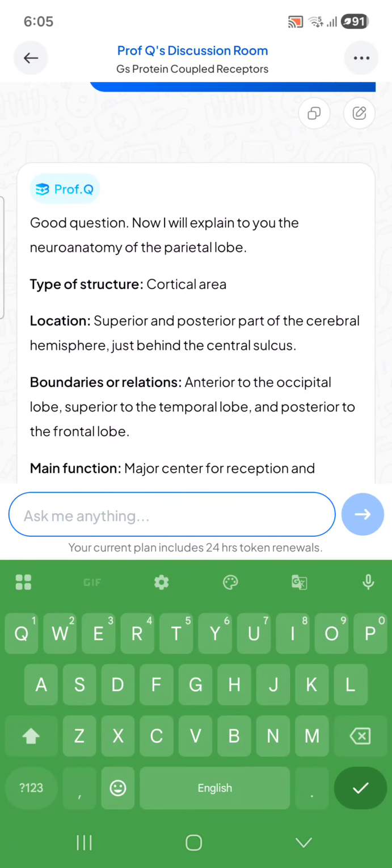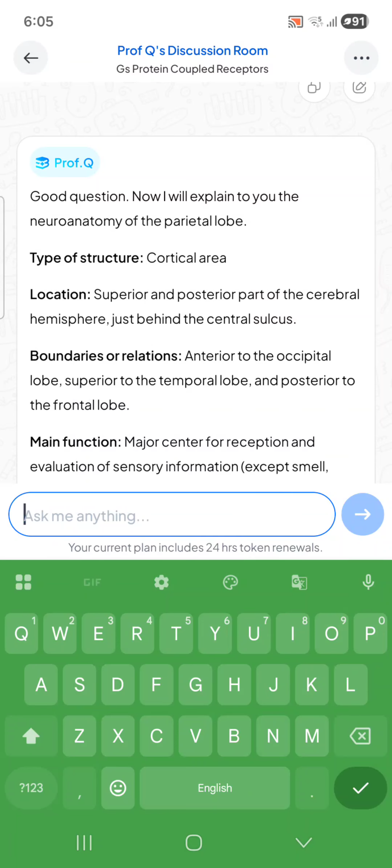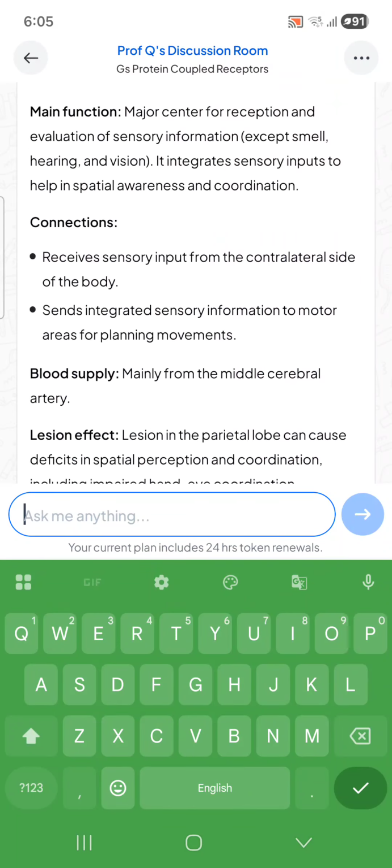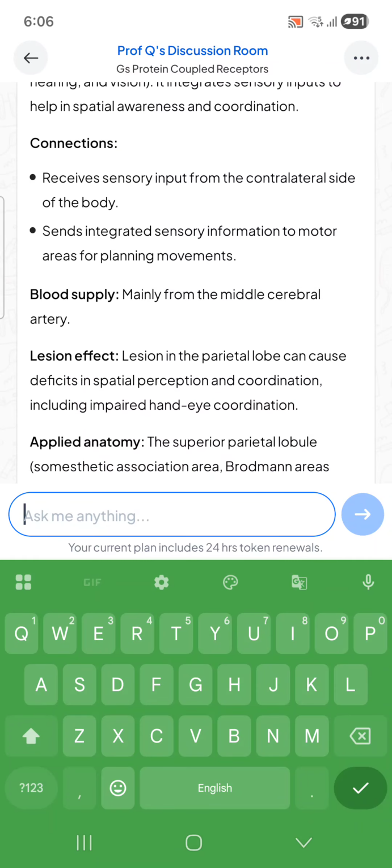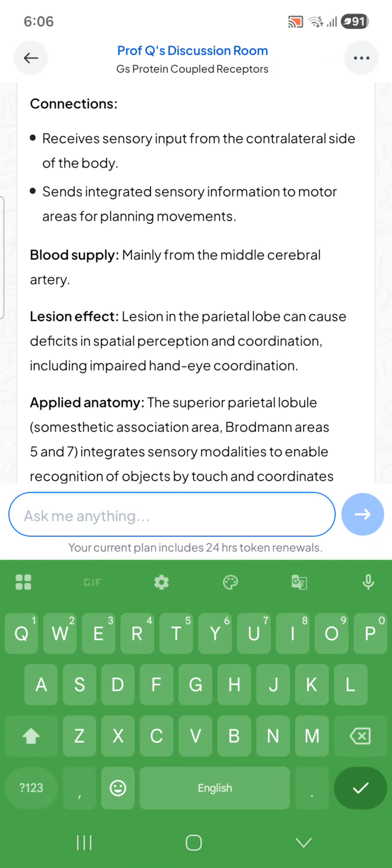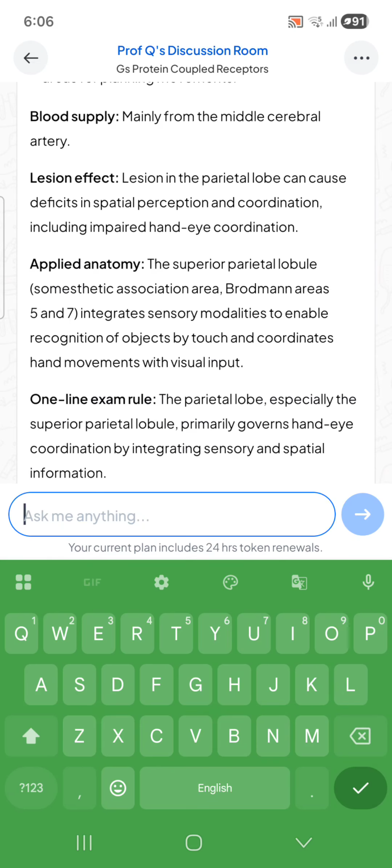So here it is telling that it will explain to me the neuroanatomy of the parietal lobe. So the correct answer is the parietal lobe. It gives a lot of details on this. A lesion in the parietal lobe can cause deficits in spatial perception and coordination, including impaired hand-eye coordination.